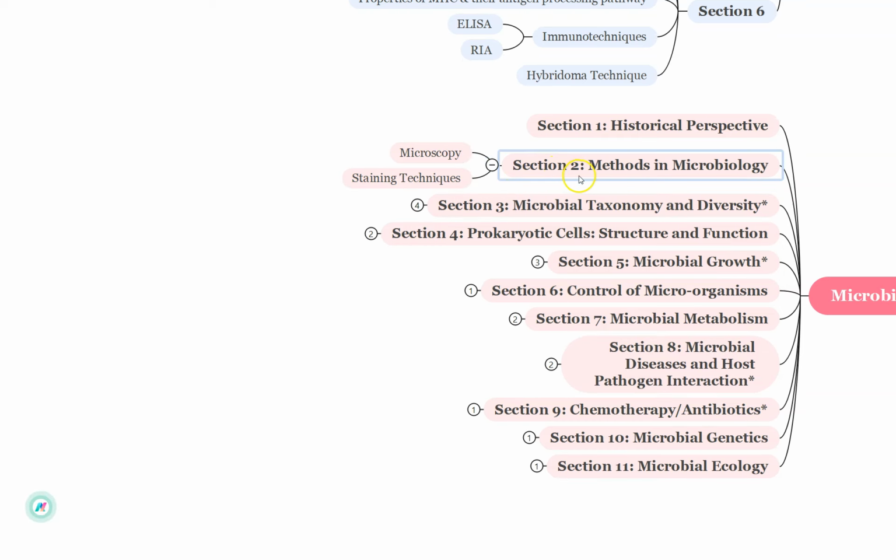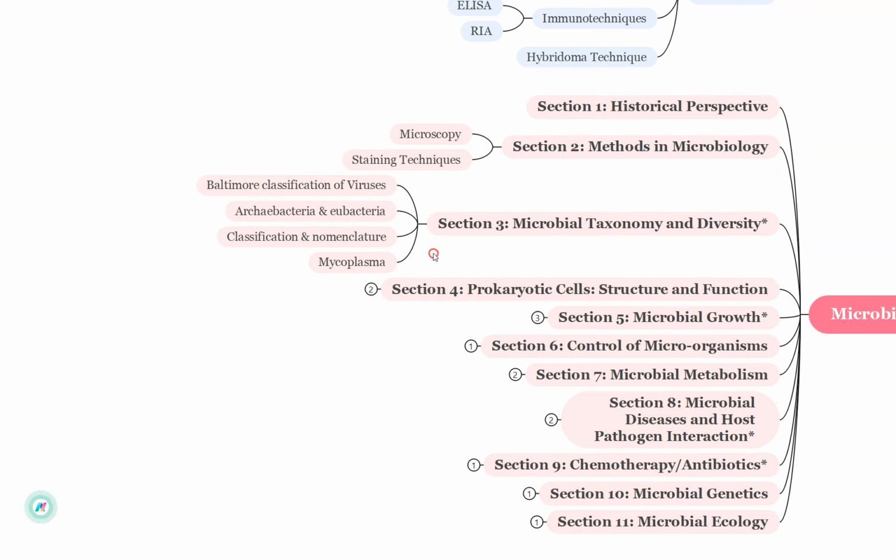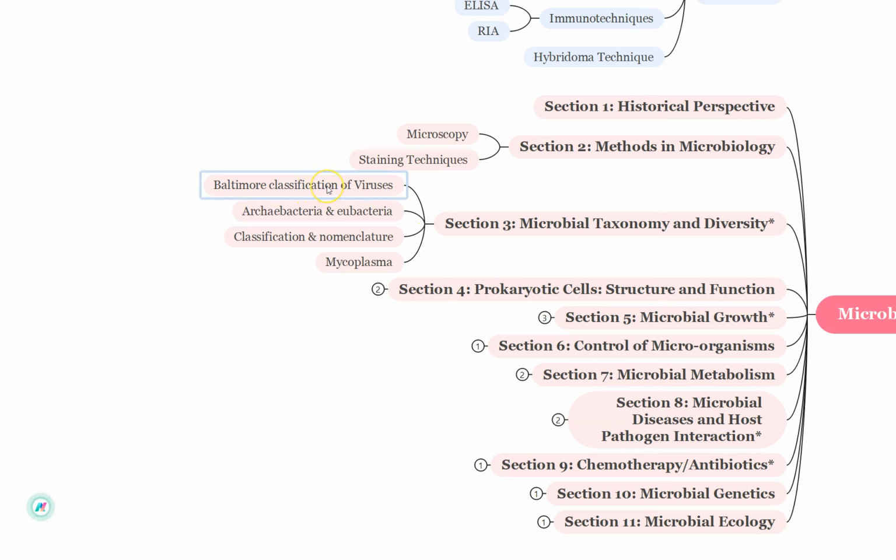Let's begin with section 2, which is methods in microbiology. Here microscopy is important and the different staining techniques like acid fast, gram staining, study the process, principle and mechanisms involved. From section 3, the Baltimore classification of viruses, structure, genome, etc. Study the corona one also. Archaebacteria and eubacteria, how they are different from each other.